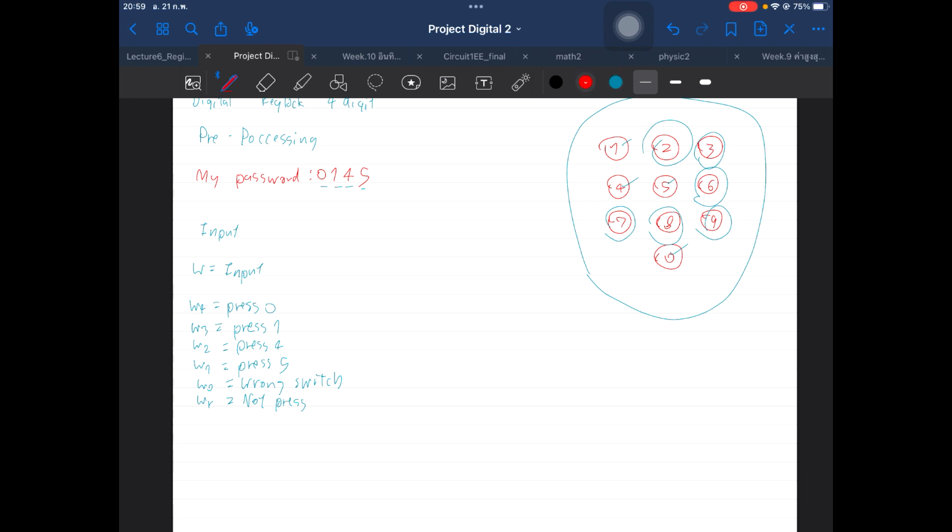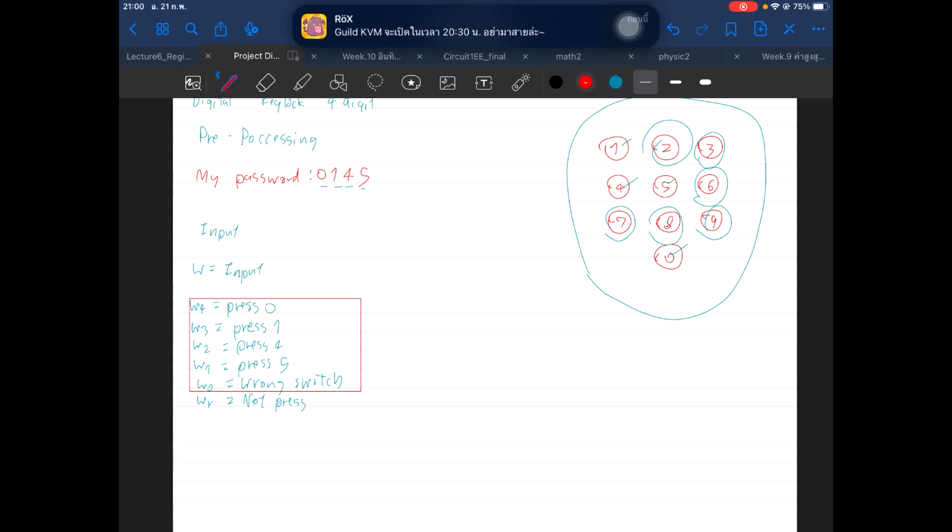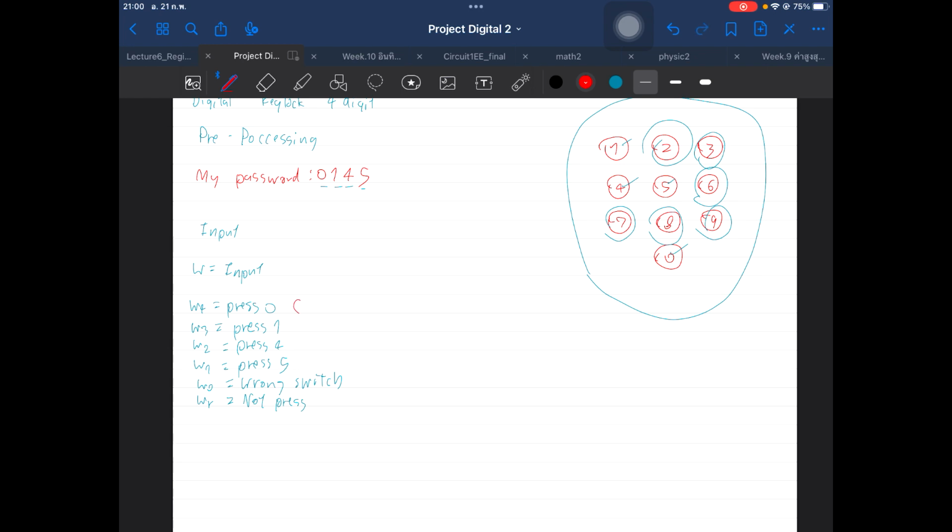And from the file input, they will make the input 5 bits. From the first, in W4, I will name it like this: 1 2 3 4 5. Not press 2, I will name it 0 off.